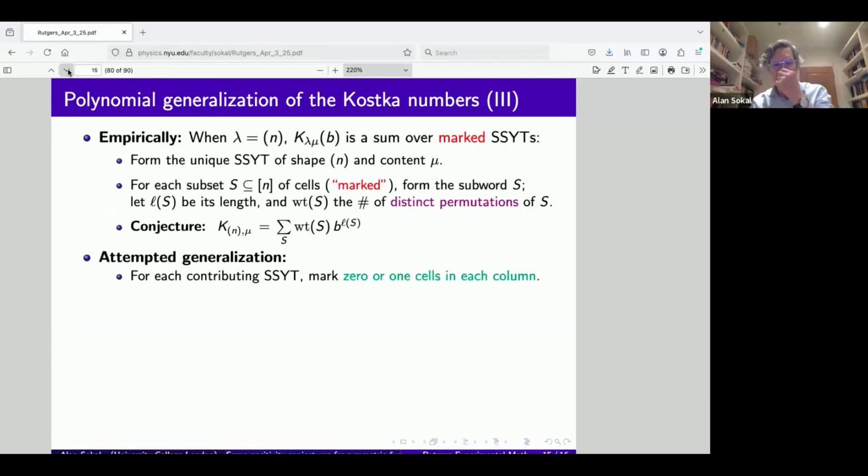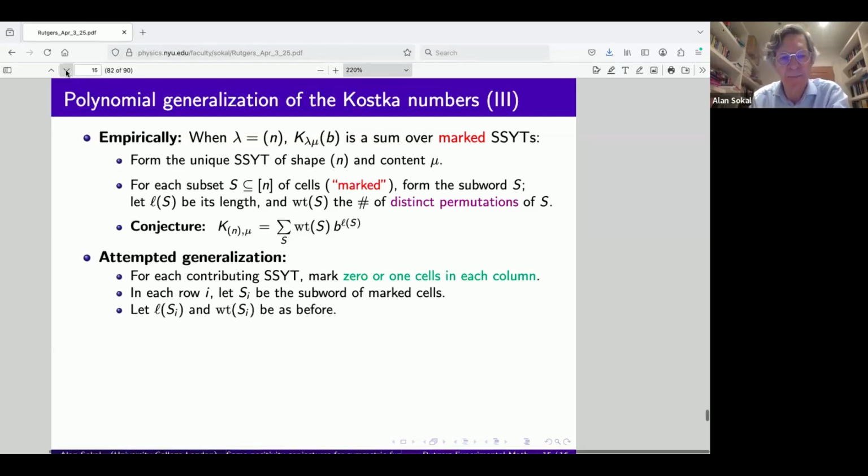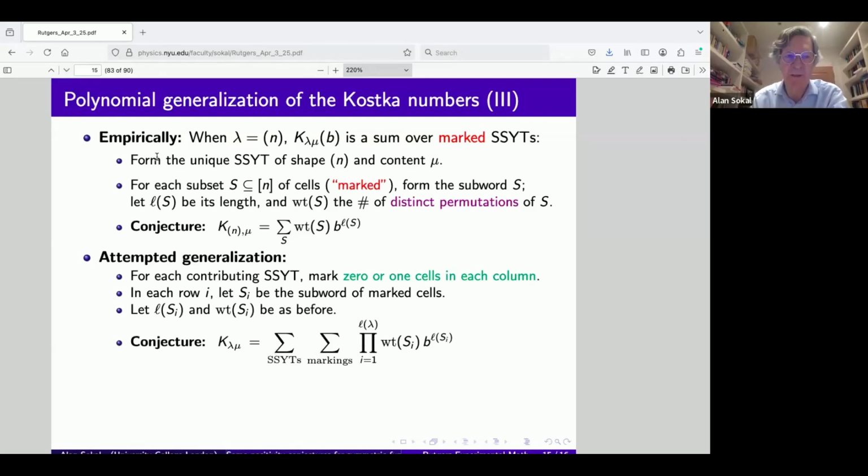For each contributing semi-standard Young tableau, mark 0 or 1 cells in each column. In each row, look at the subword of marked cells. So now I'm just imitating what I found empirically for a single row. In each row, let S_i be the subword of marked cells. Let the weights be as before, and take the product of those weights over all the columns, then sum over markings, and sum over semi-standard Young tableaux.